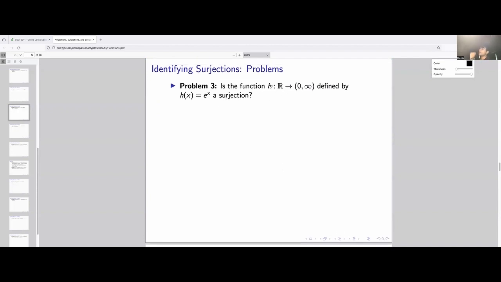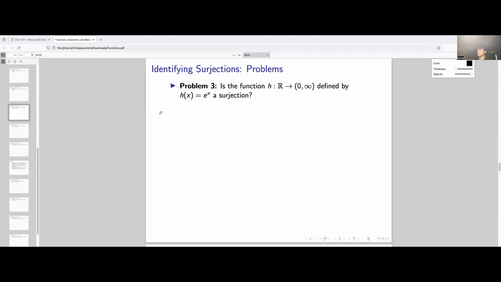Is the function h, which takes a real number and outputs something inside of this interval, defined by h of x is equal to e to the x, a surjection? So let's see, right? The idea is we have to take something from here and say there's something in here which maps to it.